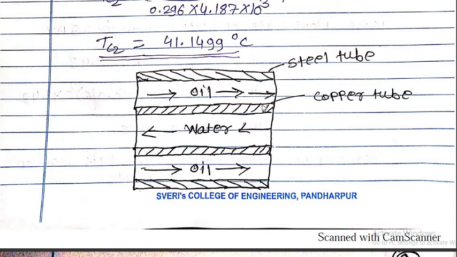We have to reduce the outer diameter of the copper tube from the inner diameter of the steel tube, so that we get the channel through which the oil is flowing. If you subtract this diameter from this diameter, we get that.